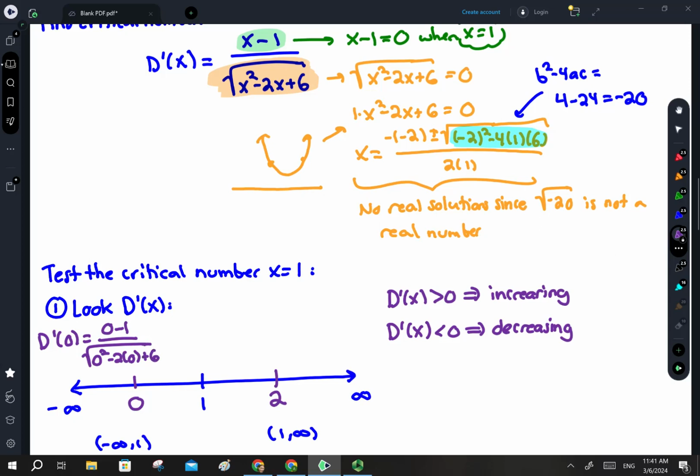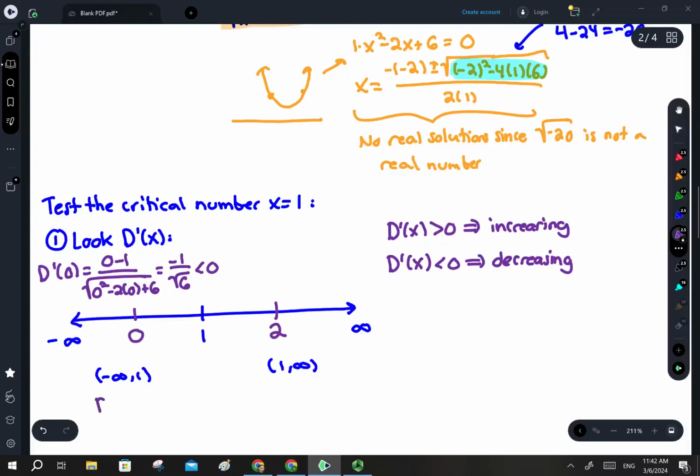Now it does not actually matter what the value of this expression is, only if it's positive or negative. So if I simplify it just to negative 1 over the square root of 6, I can tell that's a negative number. That tells me that my function is decreasing on the interval negative infinity to 1.